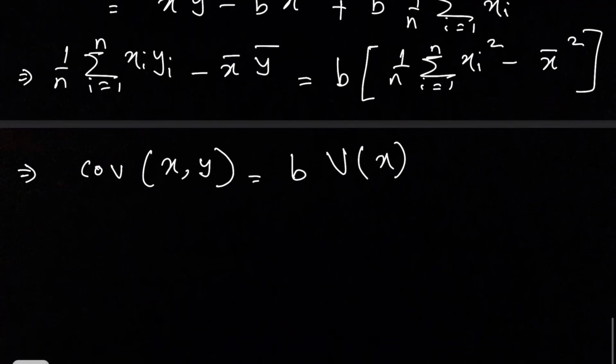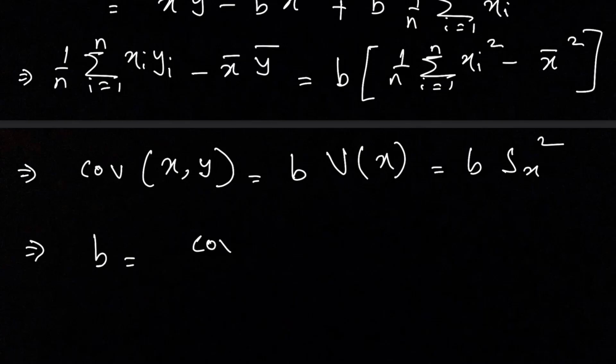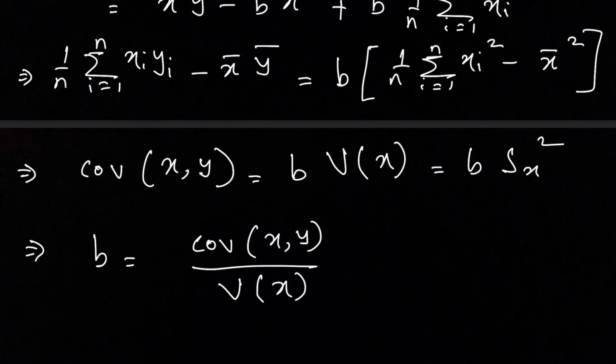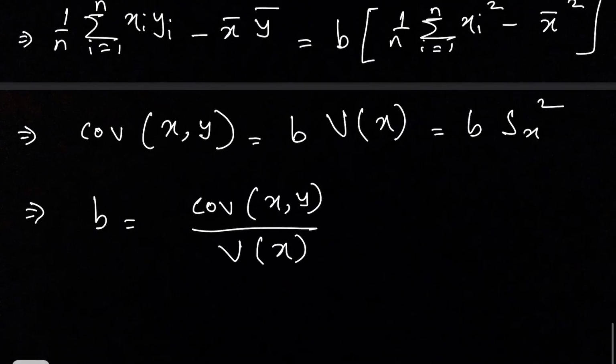Okay, or you can also write it as b times sx squared or sigma x squared, anything. Okay, so b is nothing but covariance of xy by variance of x.